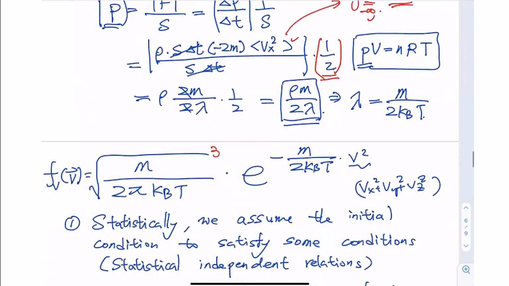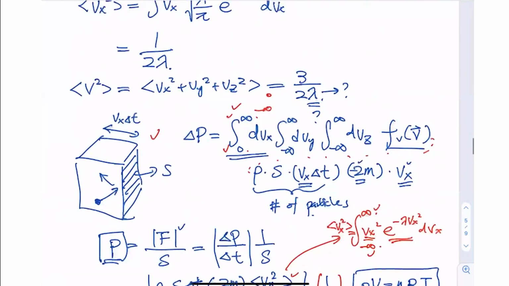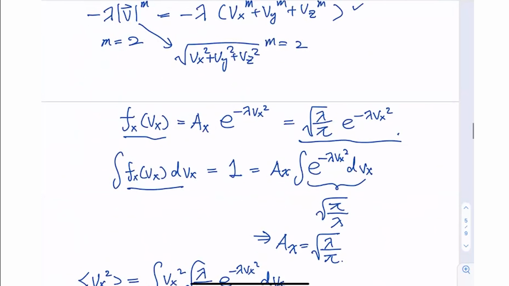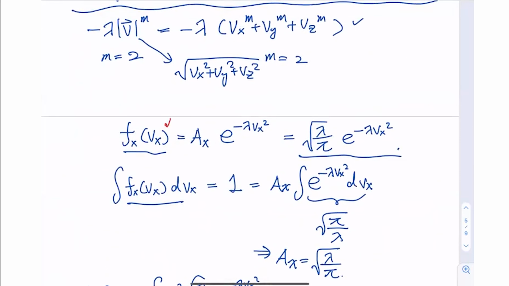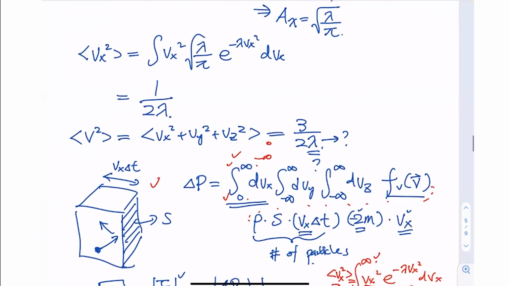Also, when I'm writing down the distribution function, what I have in mind is that this v squared is the magnitude of our velocity vector, which corresponds to v_x squared plus v_y squared plus v_z squared. We derived the distribution function for a single x component. So in order to get the velocity distribution function for all three, I need the x component, y component and z component of the distribution function forming a product.